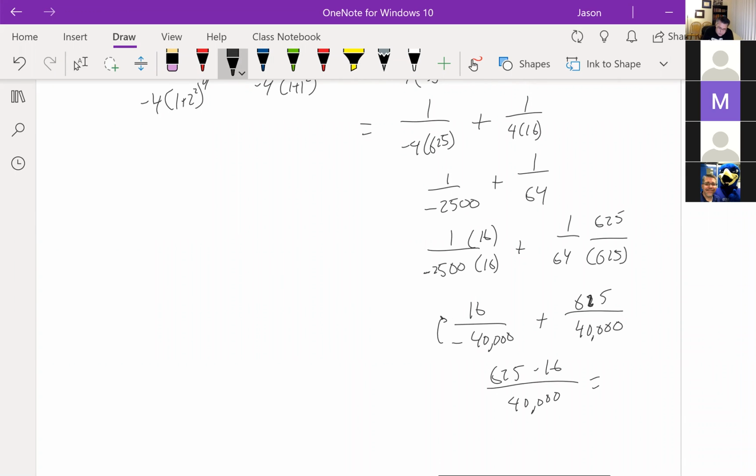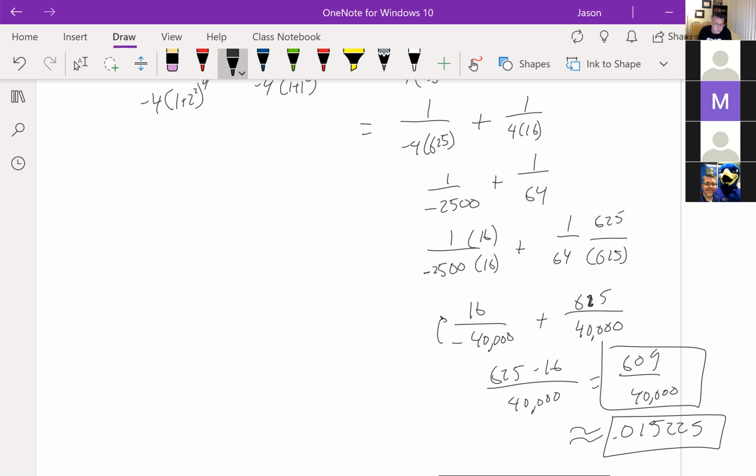And what is 625 minus 16? 25 minus 16 is 9, so 609. 609 over 40,000. You could plug that into a calculator and get an approximate answer. 609 divided by 40,000 is about 0.015225. So there you go. Nice.